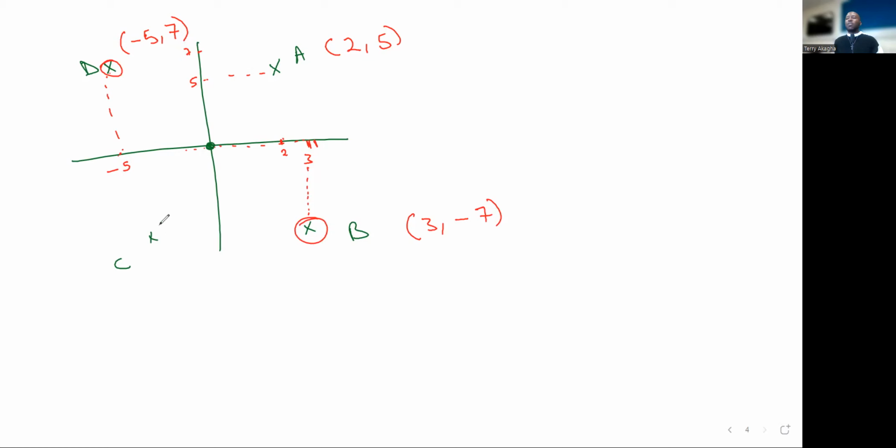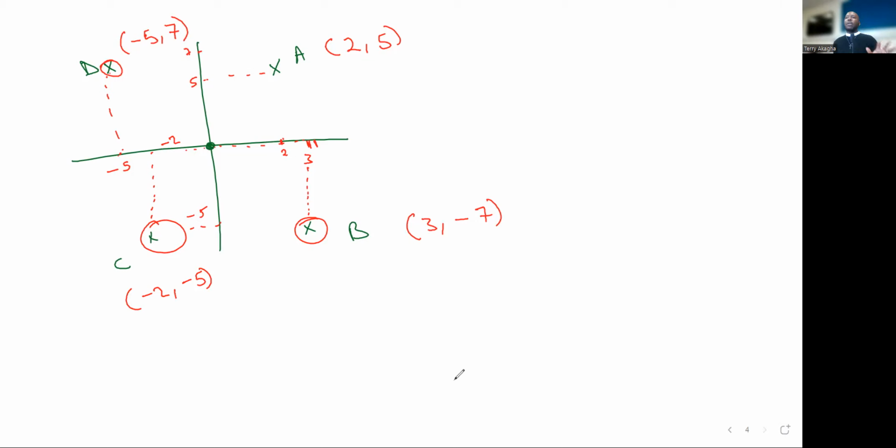B. And the rest you can predict. For C, it might be negative 2 and negative what? 5. So you go minus 2, then you move at minus 5. So that means every point can be located or found using the Cartesian system. All right? And that will be that for that.